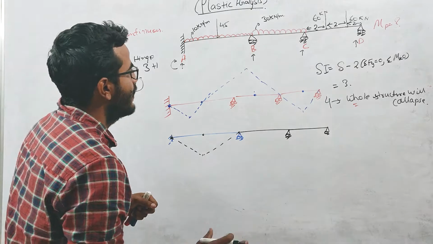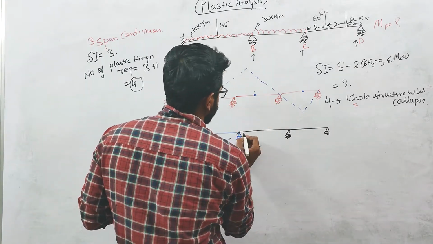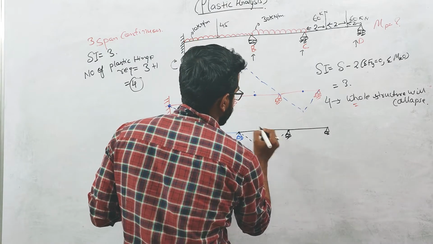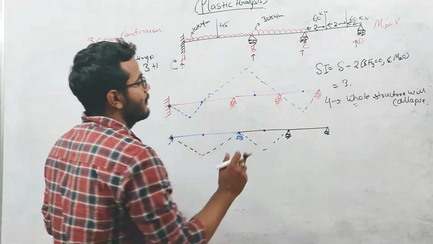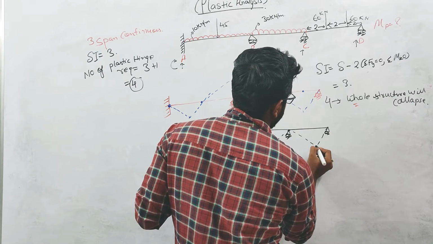Similarly, if the BC portion collapses, the deflection diagram will look like this. One plastic hinge will form at the center of this BC portion. Similarly, for the CD portion, the deflection during the collapse will look like this.